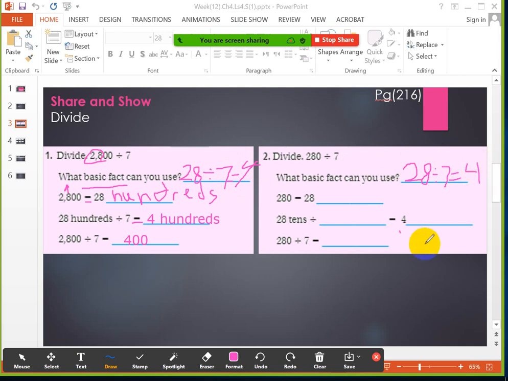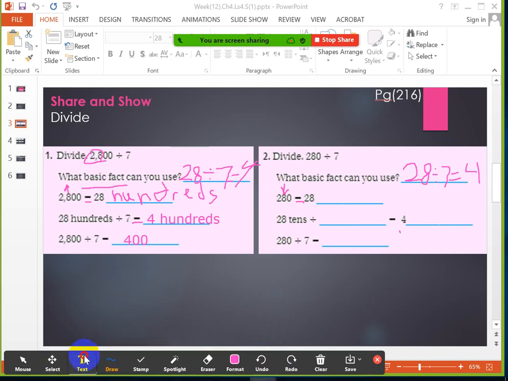Okay? So when you divide 280, or if I want to write it as a tenths number, because what is this digit, the 8? Who will tell me in the chat? 8 is hundreds or tenths, girls?